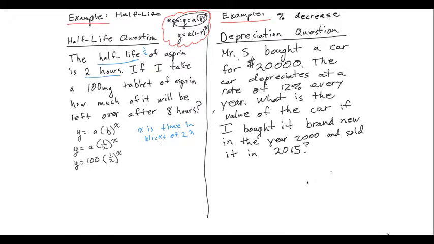So if I was looking at 8 hours, then technically there would only be 4. So in this case, x equals 4 since we're looking at 8. So 8 divided by 2 is 4. So literally there are 4 blocks of 2 that we're using for our problem. And then we're going to let y be the amount of aspirin.